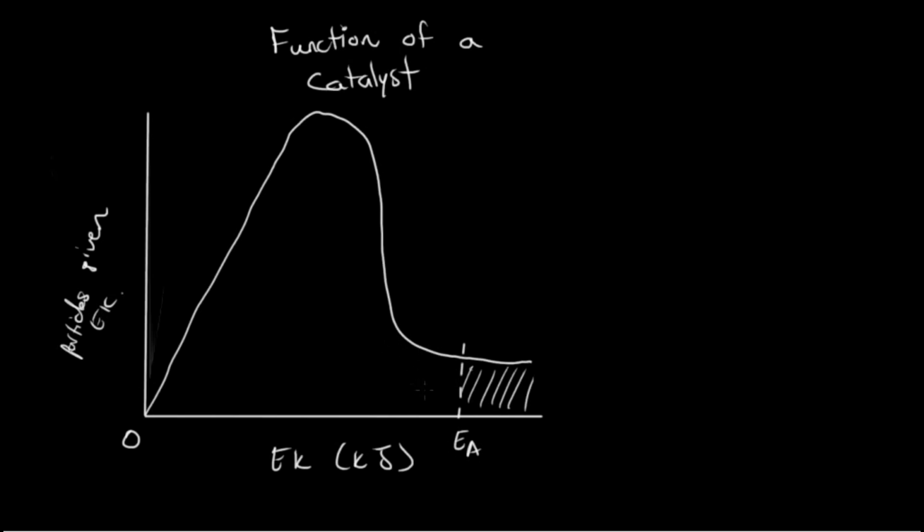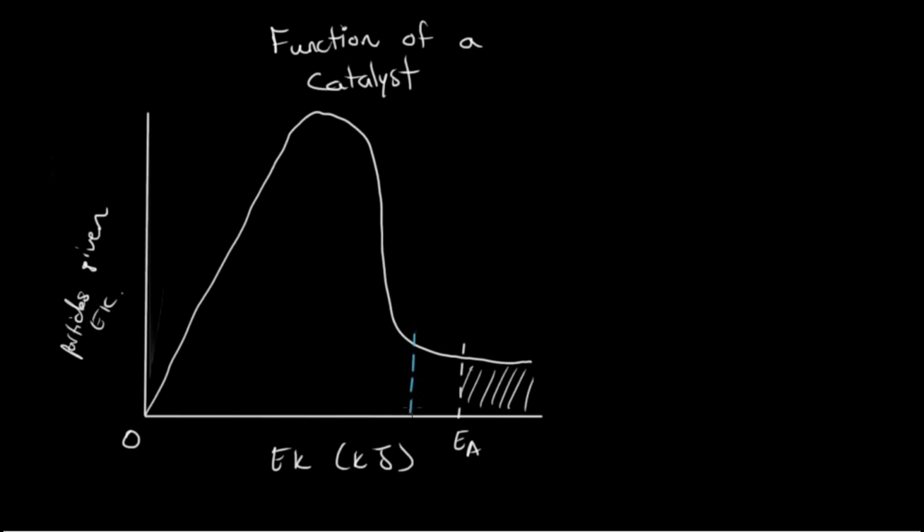If we add a catalyst to the reaction, how you would indicate it on the Maxwell-Boltzmann distribution curve is that the activation energy just moves lower.